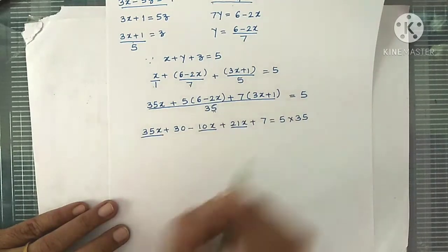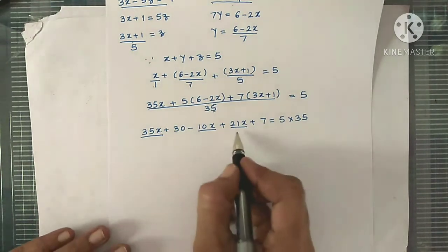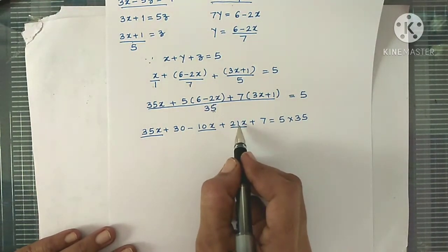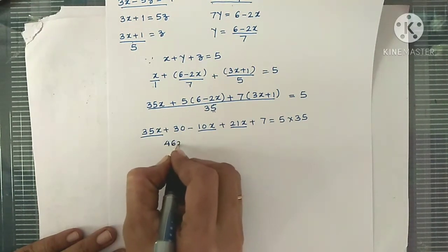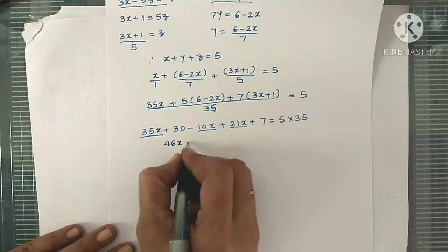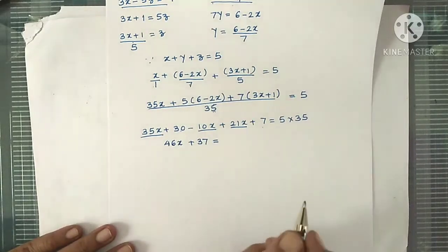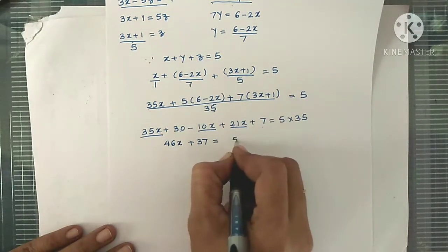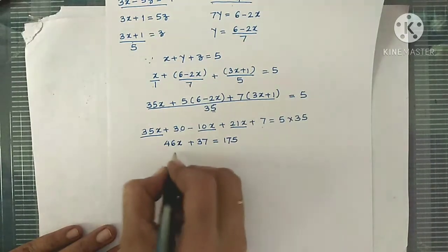These are the terms in x: 35 minus 10x, that means 25x. 25x plus 21x, so that is 46x. Now 30 plus 7, that is 37, equal to 5 into 35. 5 5s are 25, 15 plus 2, that is 175.